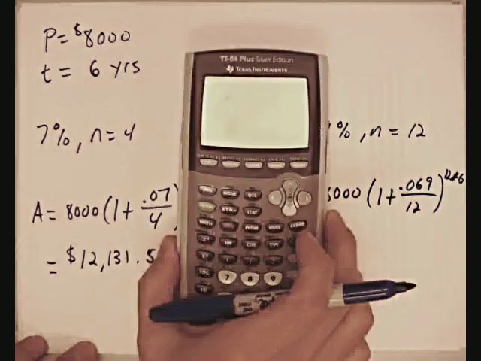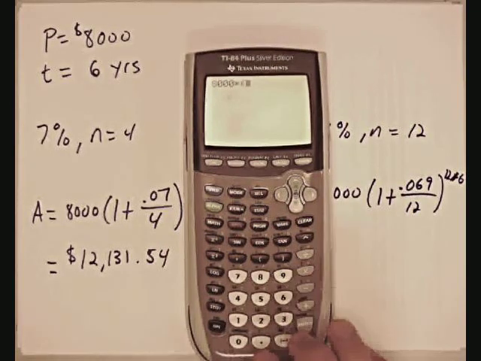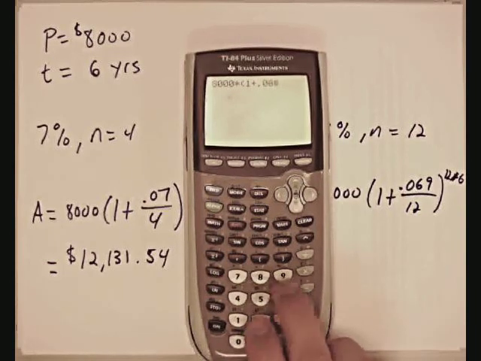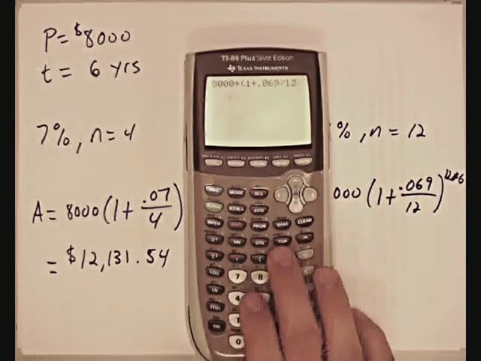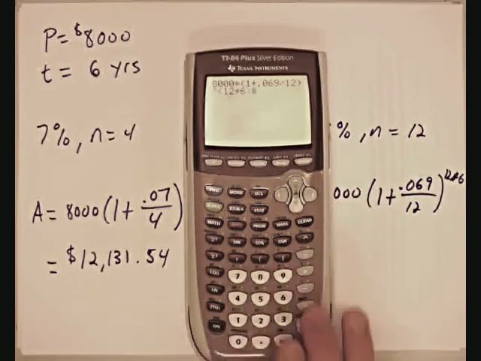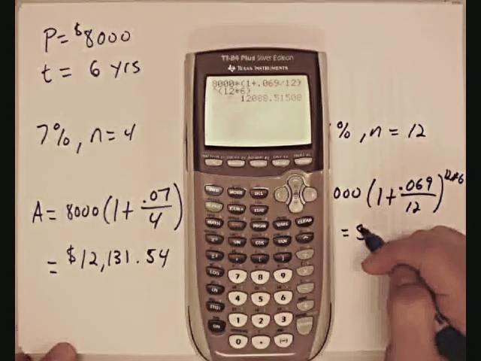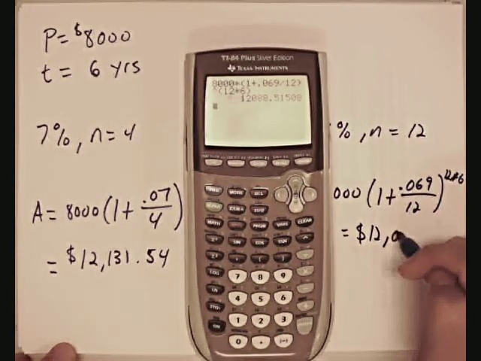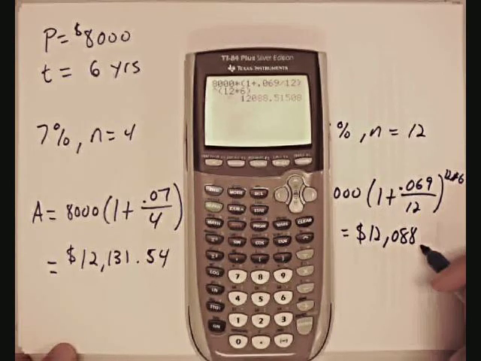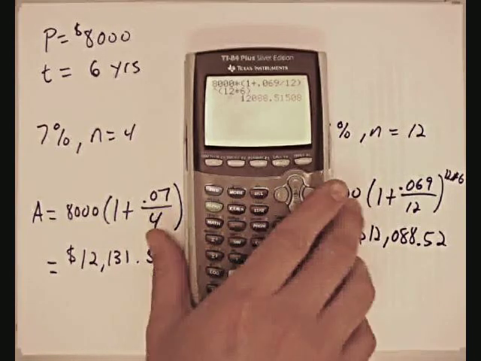So on your calculator, you would have 8,000 times, in parentheses, 1 plus 0.069 divided by 12 raised to the 12 times 6 power. And that gives us $12,088.52. So in this case, we would want to use the 7% interest compounded quarterly.